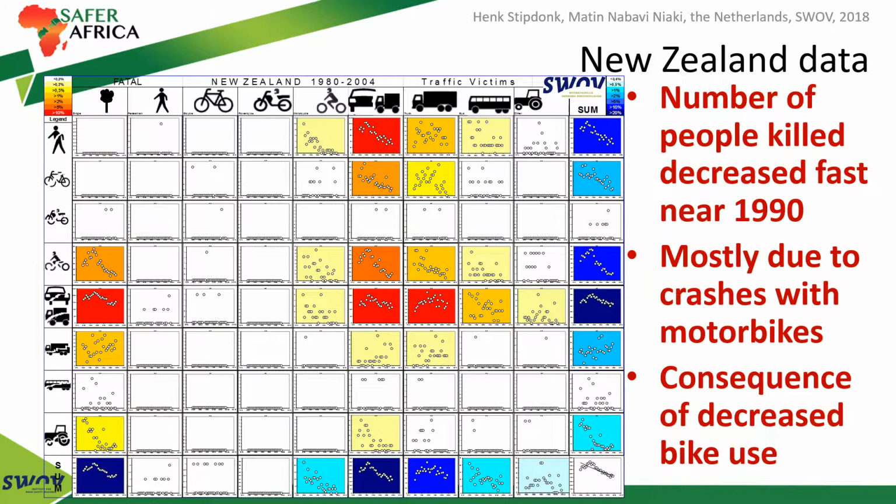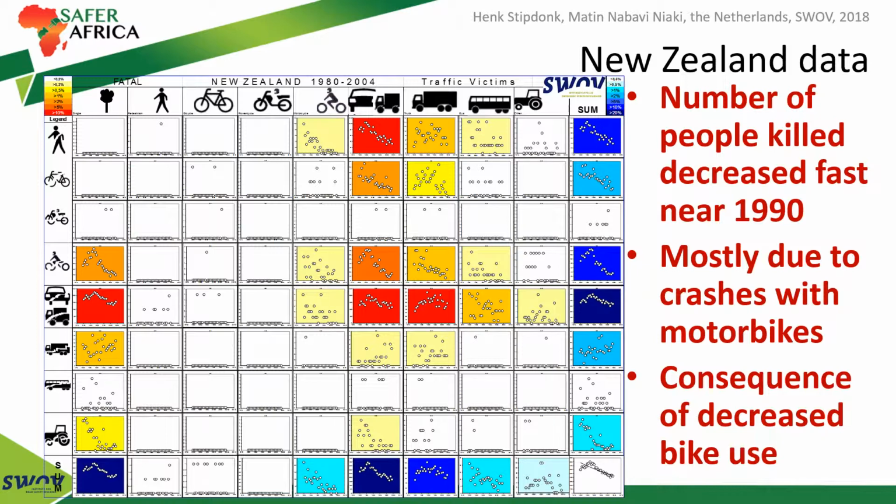As you can see, in New Zealand there was a strong decrease in the number of people killed around the 90s, as shown in this lower right graph, the white one, which shows the total number of people killed in New Zealand. And this sharp decrease is not, as you might think, the direct consequence of successful road safety policies, although there may be successful policies there.